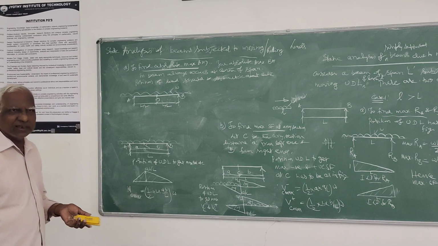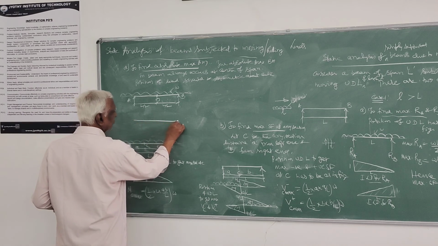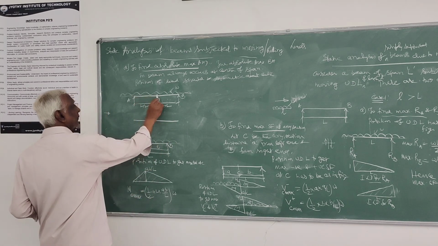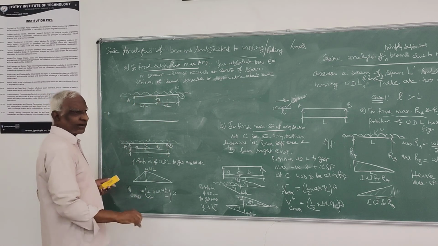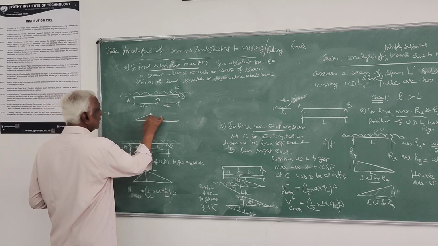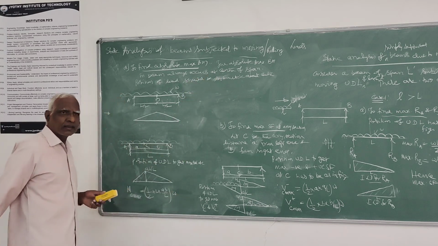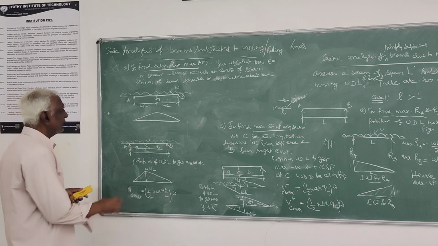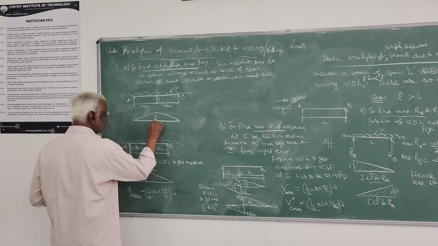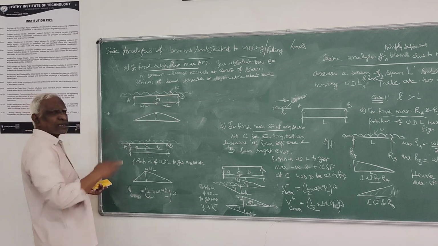The position of load has to be that only to get the maximum. So then use the influence line diagram for bending moment at the center point. Earlier you used it at the section, now it has to be at the center, because the absolute maximum bending moment always occurs at the center. With respect to that center point only, you have to place the loading.